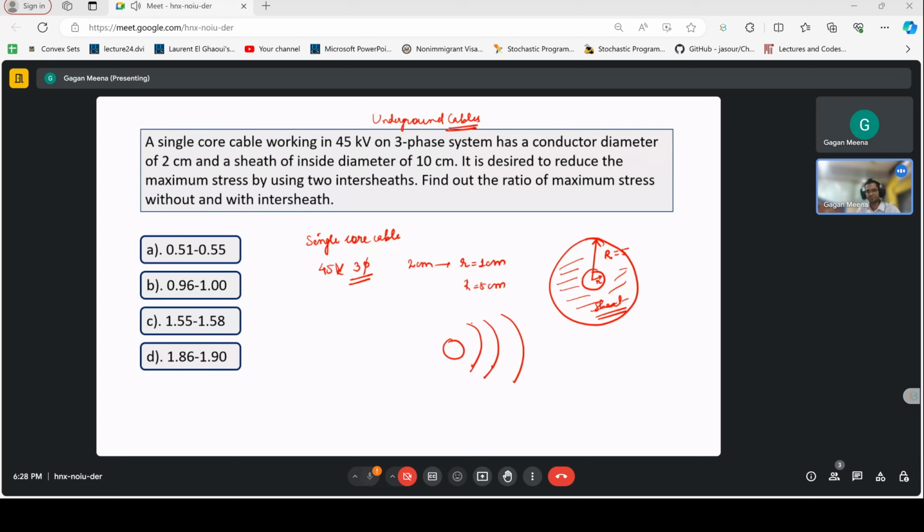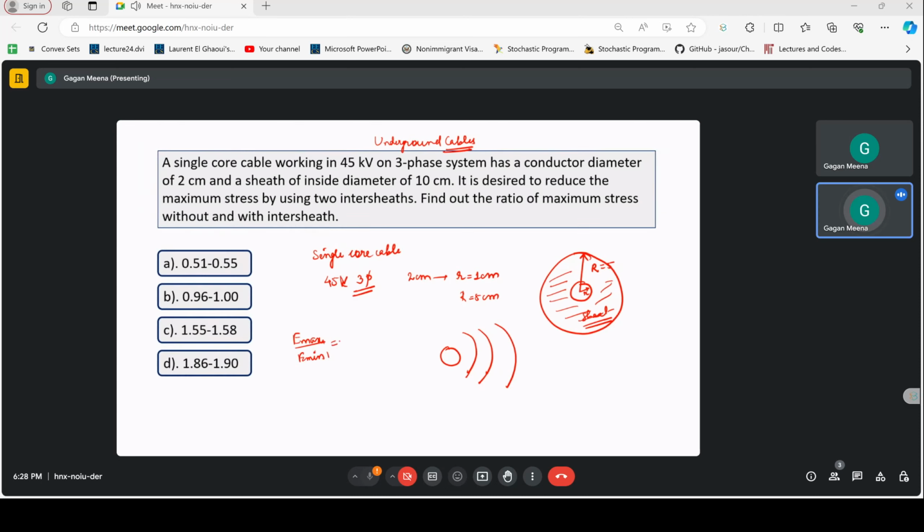Emax1 by Emin1 is equals to Emax2 by Emin2 is equals to Emax3 by Emin3. Sorry, this is E min. This is also E min, E min 2 and E min 2.